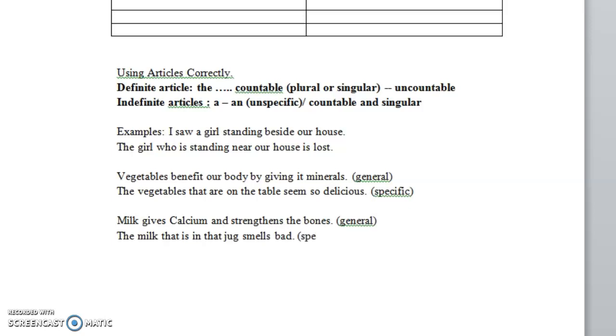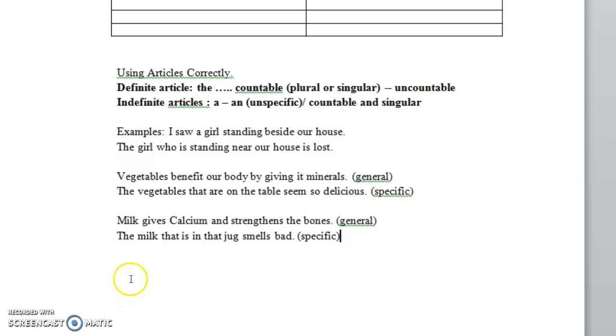So here it's specific and I specified which milk. It's the milk that is in the jug. So as a rule, we use the when the noun is specified. It's identified. Okay, we're talking about something specific, so we use the.